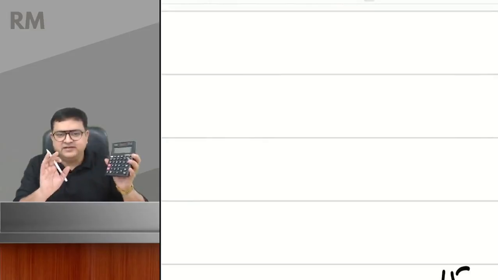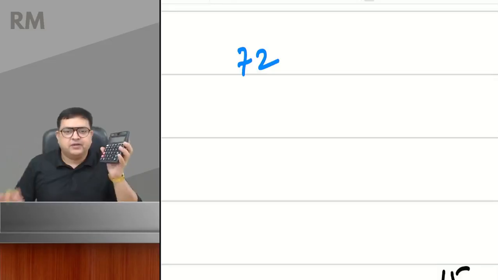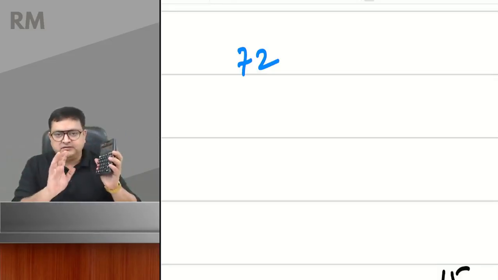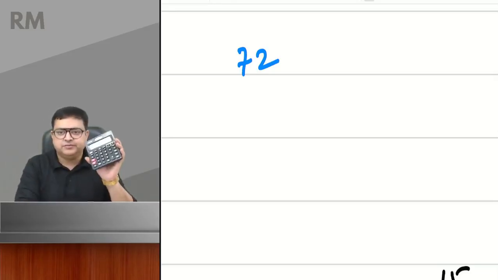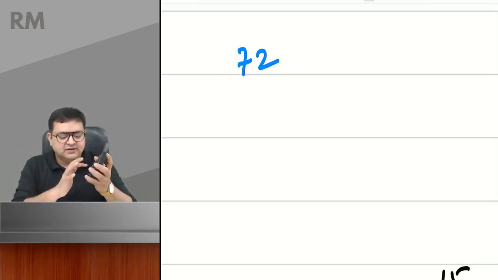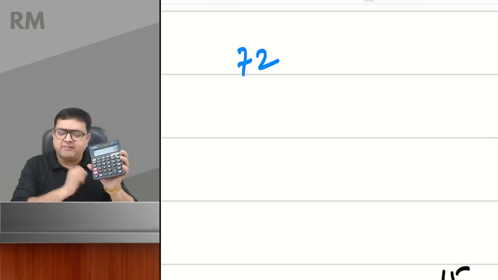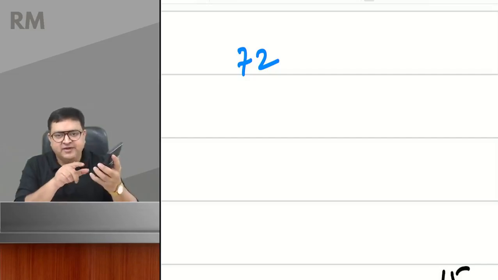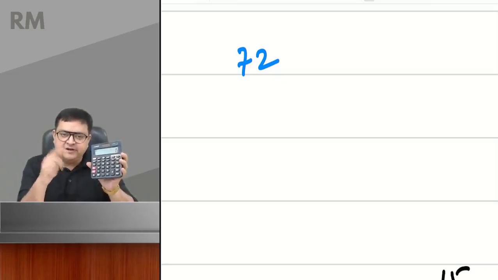Clear the screen. I will say 72. Now, follow my steps. Write 72 in your calculator. Minus 15, just minus 1, 5. Equal to is not required. Whenever you press into, it will always be after subtraction.